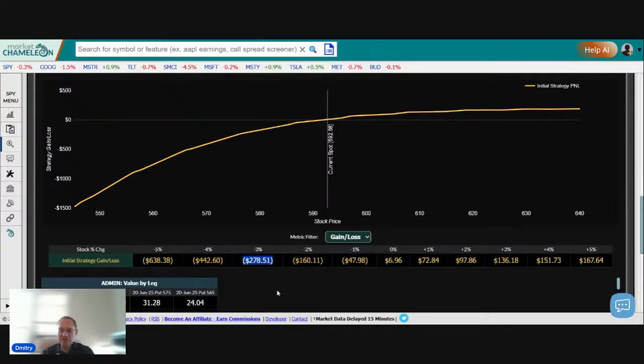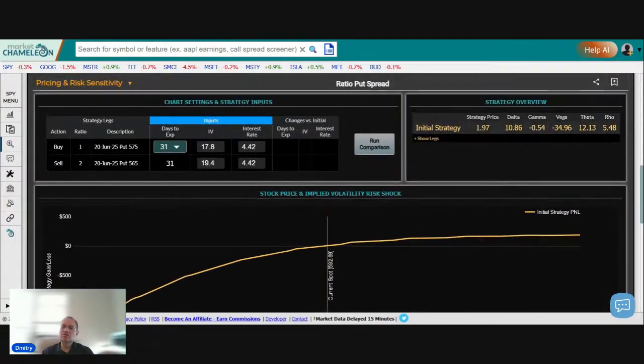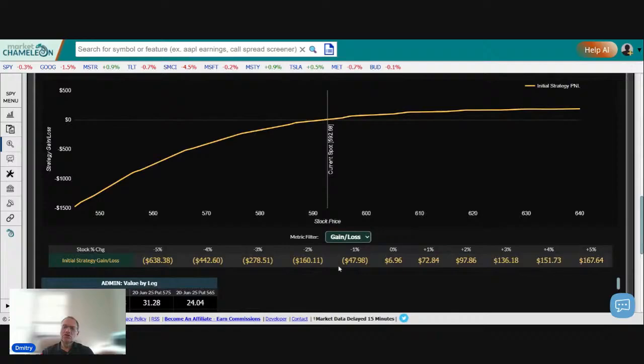That's the expectation. And keep in mind, because it's not expiration yet, it has a delta, a positive delta, 1086. So from the outset, with implied vol the same, as the stock moves down today, this would be expected to lose, because you have one extra put that you sold.